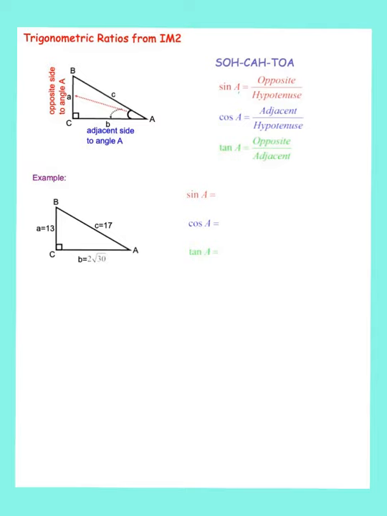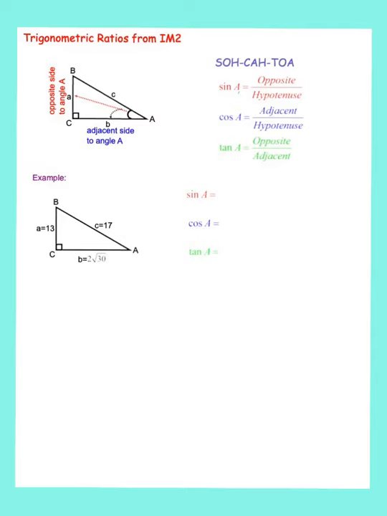If I were to look at another angle in this same triangle, like angle B, in relationship to angle B, the side opposite to it is side B, and the side adjacent to angle B is side A. So it's always important, when you are deciding what's the adjacent and opposite side, to ask which acute angle it is in relationship to. Is it angle A or is it angle B?